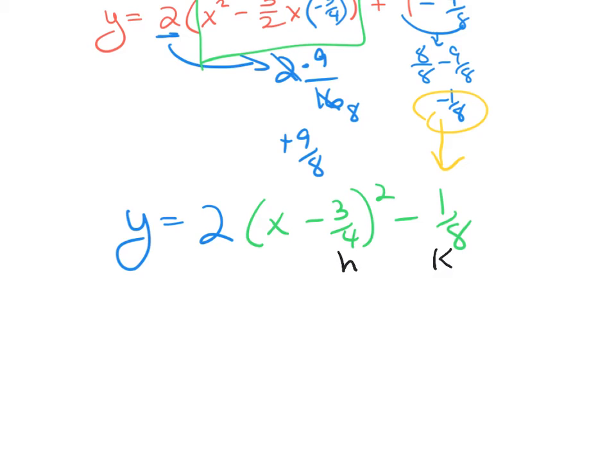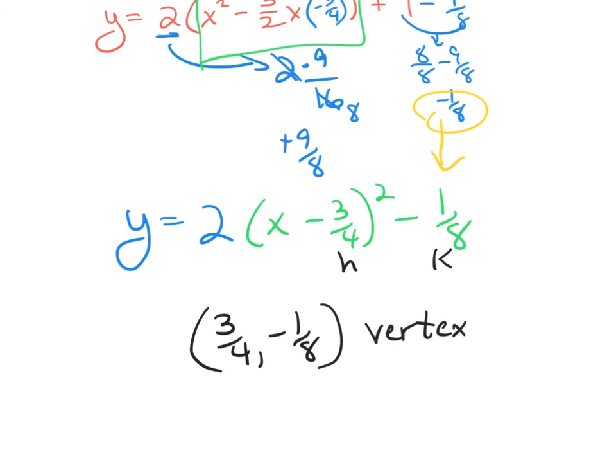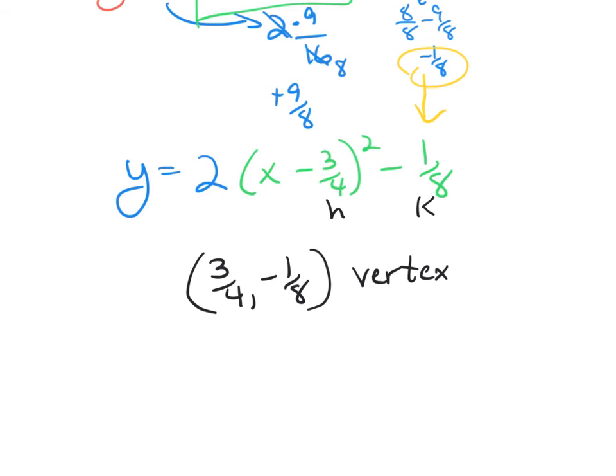So my vertex is located at 3/4 and -1/8. So you don't distribute the 2? Nope. Remember, the 2 just makes it go up faster or slower. So it's not going to affect where the vertex is, but it does affect the other points on the parabola. My axis of symmetry is x equals 3/4.